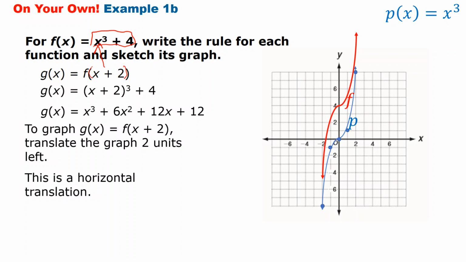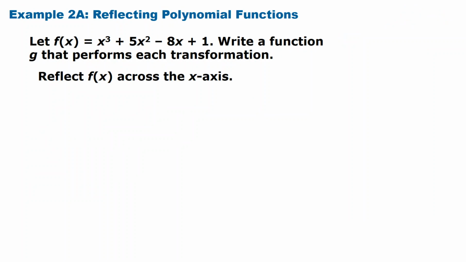So we're going to translate 2 units to the left, taking my f and just moving it 2 places over. There it is. And here is our rule: g of x is equal to f of x plus 2. And that's what it does. It's a horizontal translation. And we'll name it.